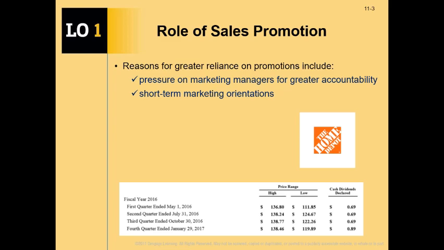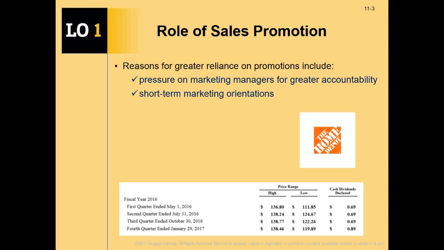As we see in this example of the report to stockholders for Home Depot company, you see how their expectations and their efforts for performance are to be counted every 3 months, every quarter.